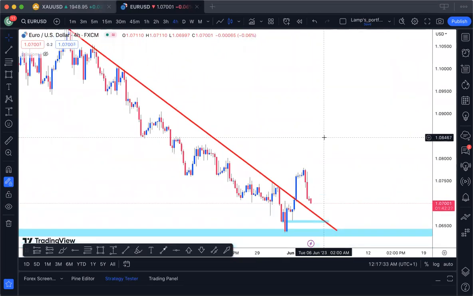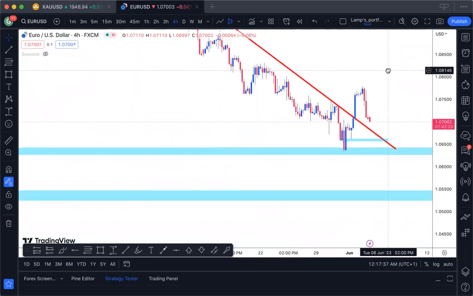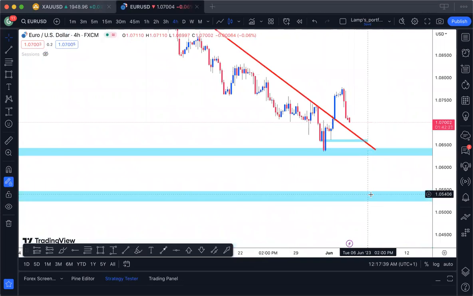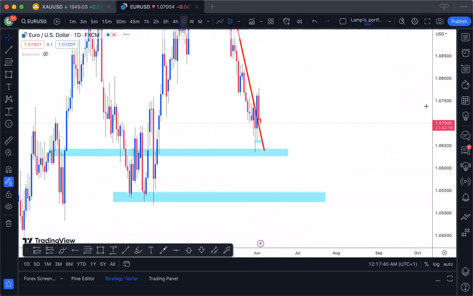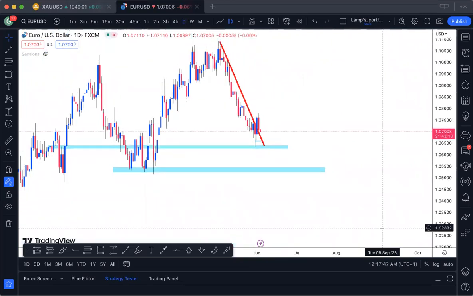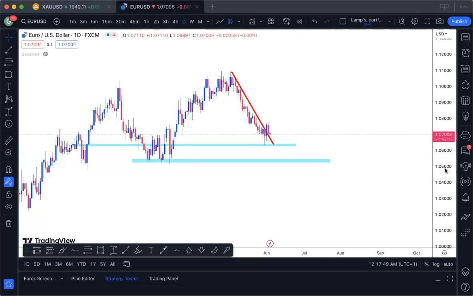Then the major tend beneath, which is the break here, the second touch. It can come and tap into this major demand level for a buy. But aside from that, that's it.